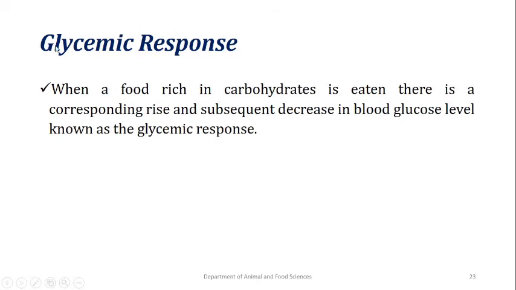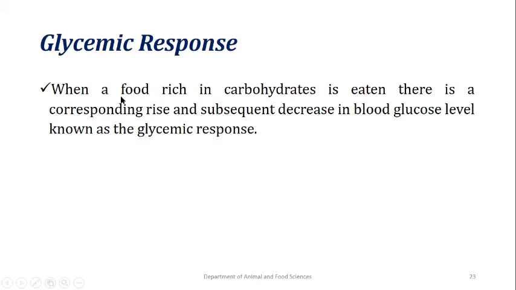Why? There are different types of carbohydrates: monosaccharides, disaccharides, and polysaccharides. And you know that in our digestive system, polysaccharides and disaccharides are broken down to monosaccharides using different kinds of enzymes.